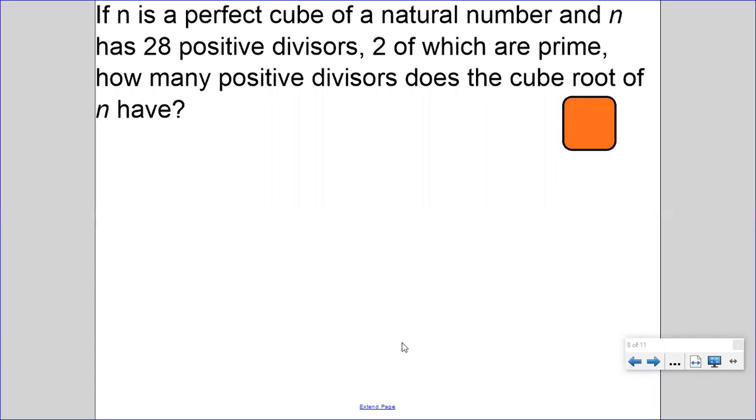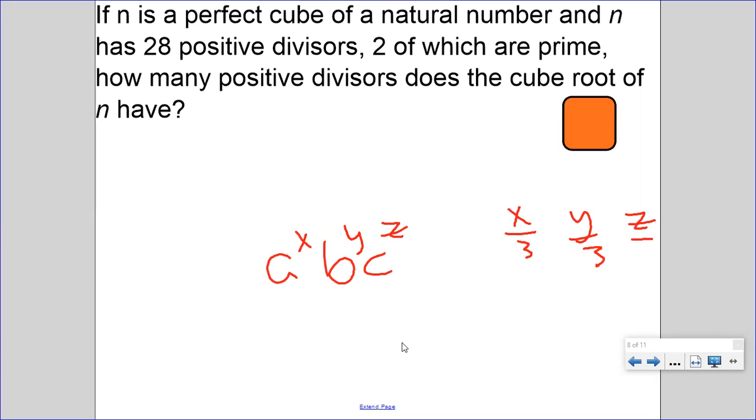Since n is a perfect cube, the exponents have to be multiples of 3. Let's say a, b, c have exponents x, y, z. X is divisible by 3, y is divisible by 3, and z is divisible by 3.